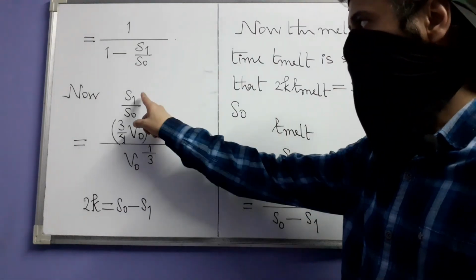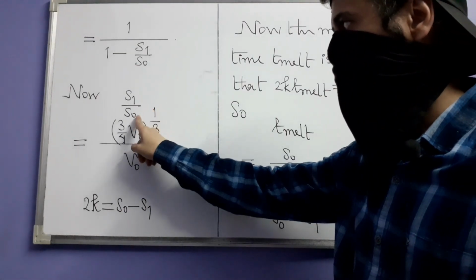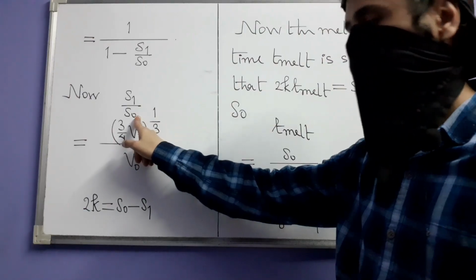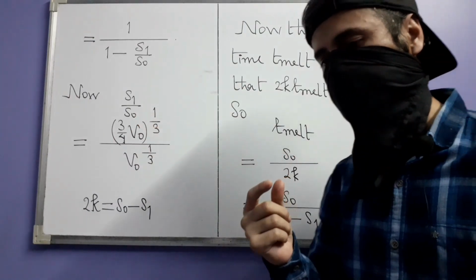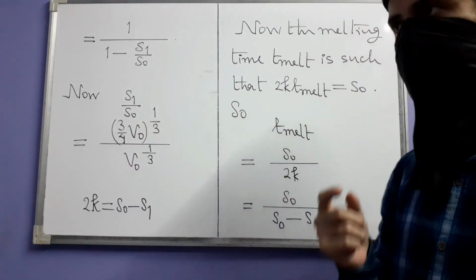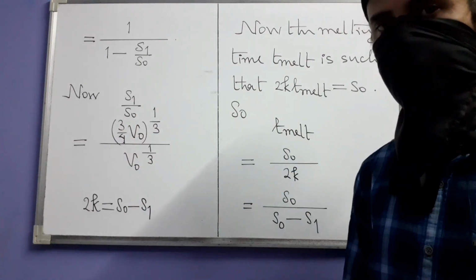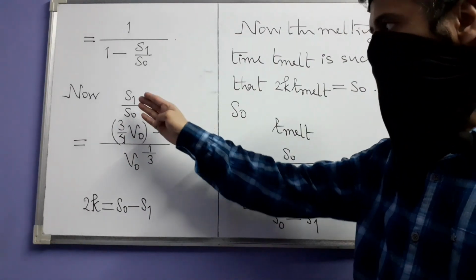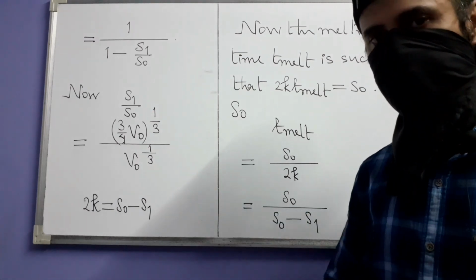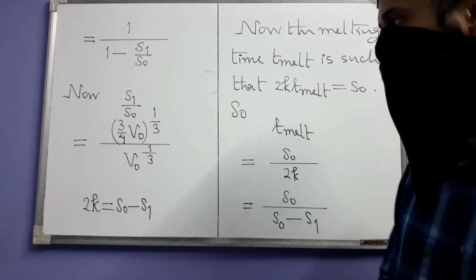Now you think of this ratio S1 divided by S0. S1 is the side length after 1 hour, but after 1 hour the volume was how much? 3/4 of V0, and side length is the cube root of volume because volume is side length cubed.